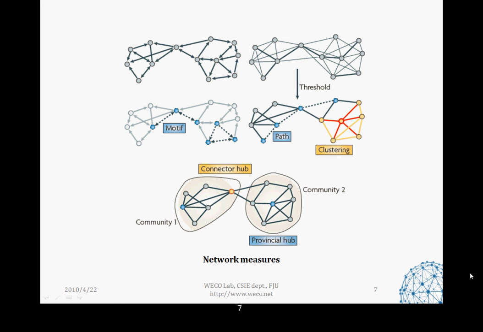And also we can see here the path and the cluster, the yellow line.